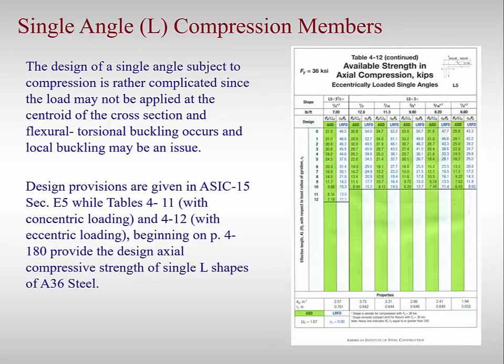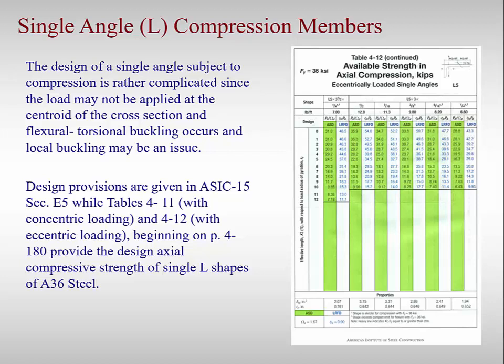Shown in this slide is a column design table for single angles. It turns out that the calculation of the buckling capacity of single angles can be rather complicated. This is because the axial load cannot be applied at the centroid of the cross sections like other shapes, or even a double angle cross section. Therefore, bending is introduced into the member for any non-zero load.